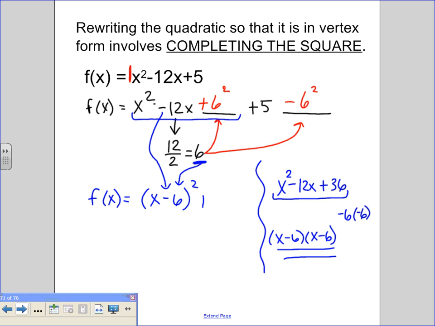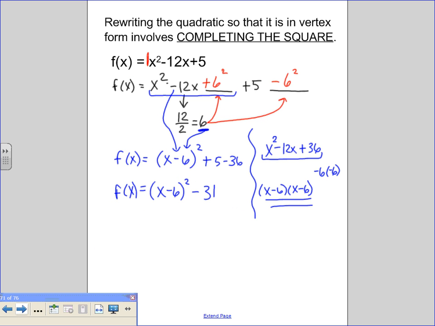And then we have our plus 5 minus 36, which if we simplify that, we end up with x minus 6 quantity squared minus 31. And so now you notice that our f of x is in vertex form. So we could say that the vertex of that parabola would be 6, negative 31.